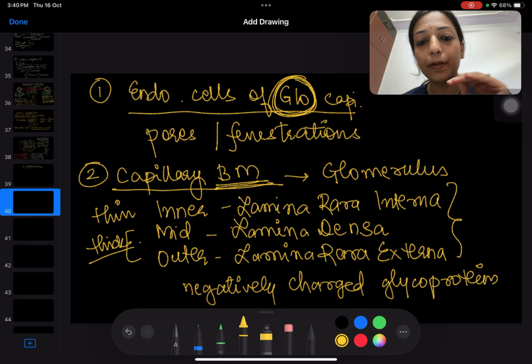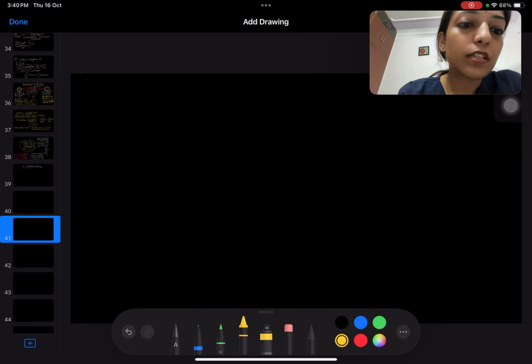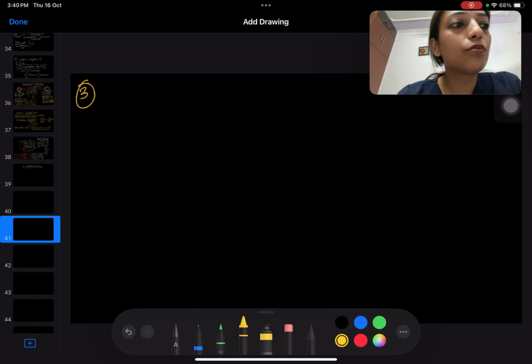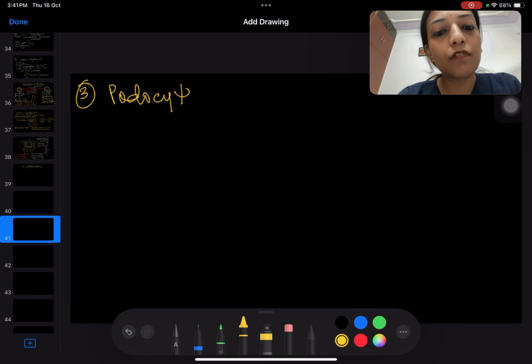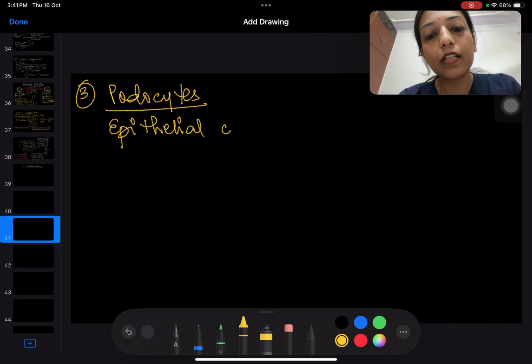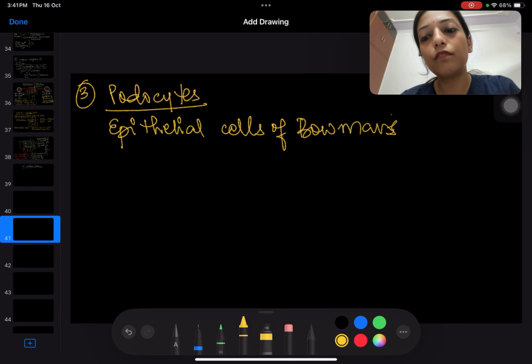The capillary basement membrane. Now let's come to the third layer. The third layer is known as podocytes. So the podocytes are what? Podocytes are the epithelial cells of Bowman's capsule.